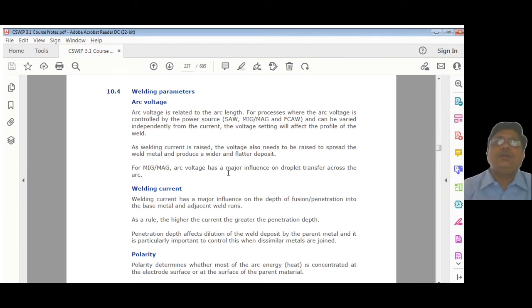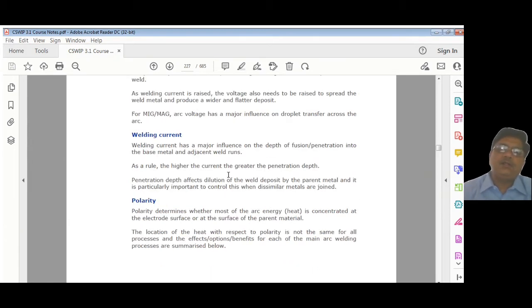If you study the MIG and MAG process very carefully, there are spray and droplet transfer types. When we are doing the welding, the electrode will fall into the weld pool by way of transfer mechanisms like spray and droplet. So arc voltage is important.